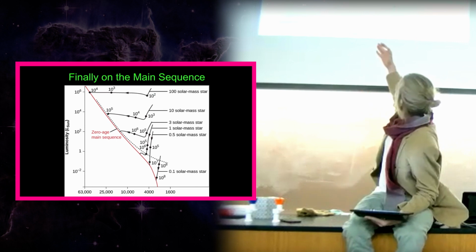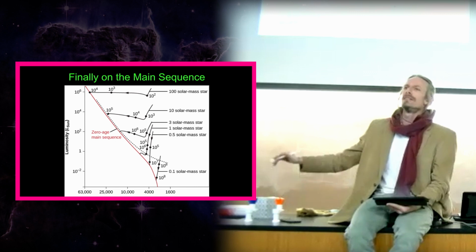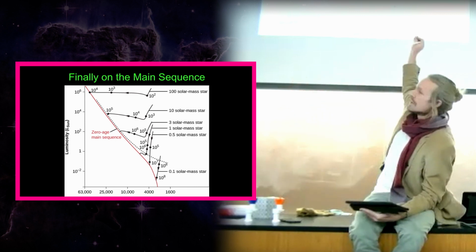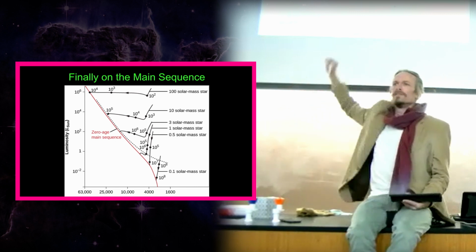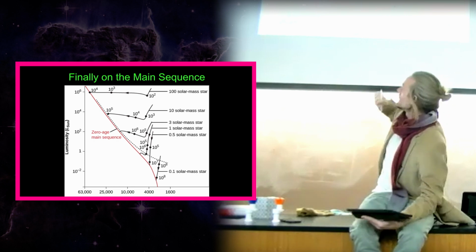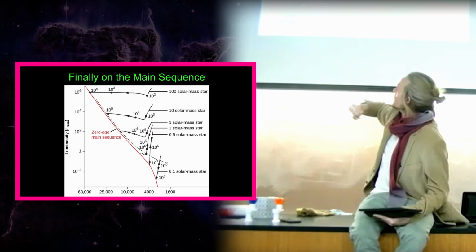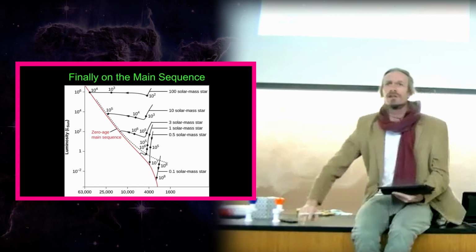Well, it turns out that as they age, the theory is that they become the stars that exist off of the main sequence. They become these very hot, luminous stars, which are in the upper right-hand corner. And then eventually they become some of the more luminous, cool stars, too.